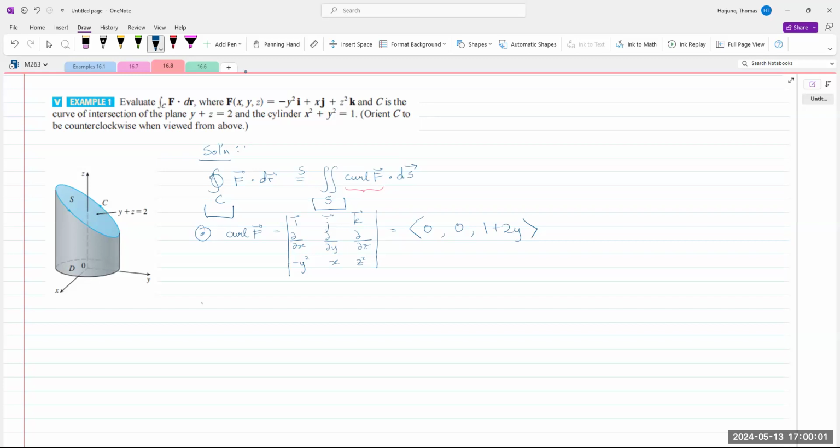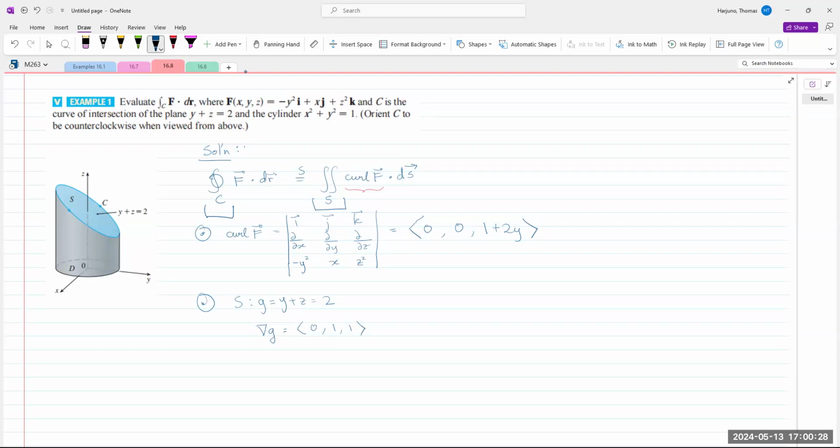Now, next, how about the dS? The surface S is actually y plus z equals 2, right? If we call this function g, then the gradient of g, which is the vector function normal to the surface, will be (0, 1, 1).